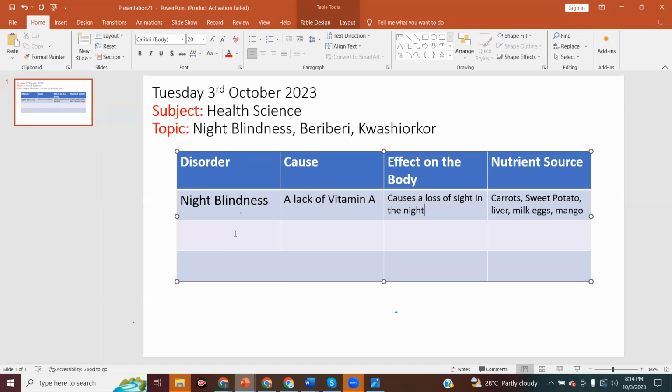Carrots, liver, milk, eggs, and mango. Very good. Korai, where can we find vitamin A from? Carrots, potatoes, milk. Very good.